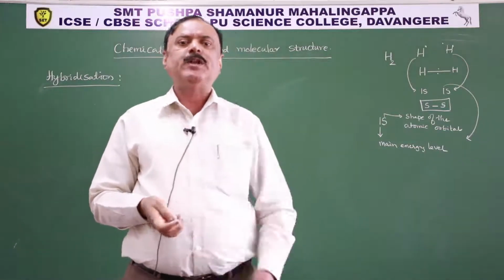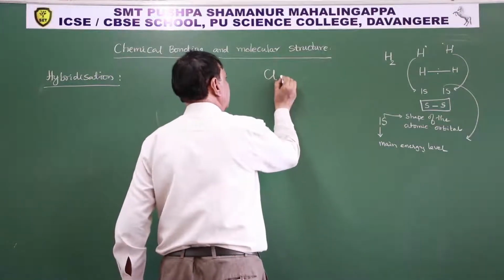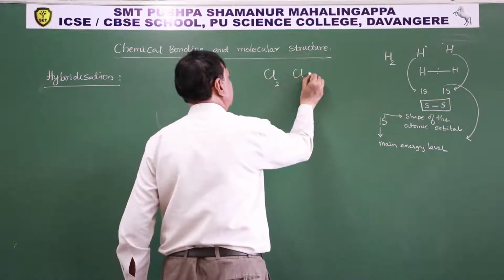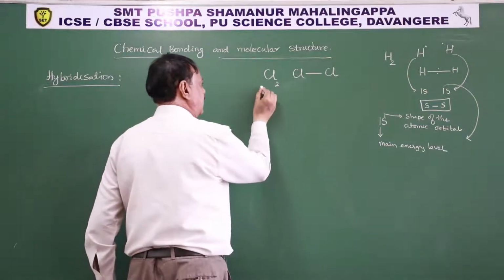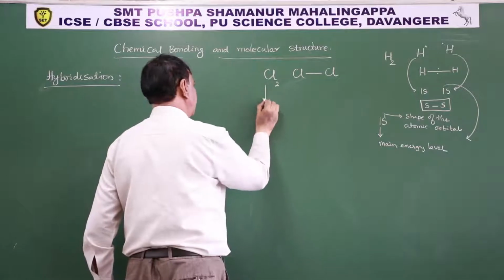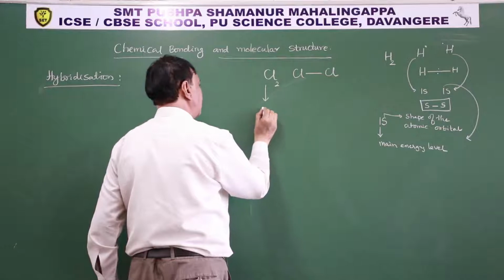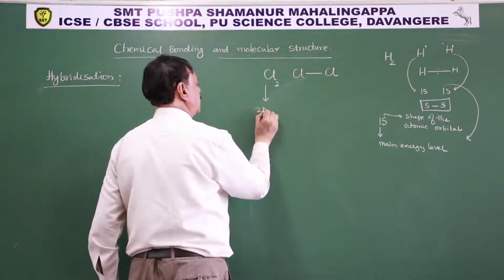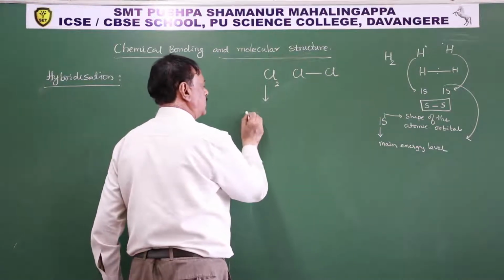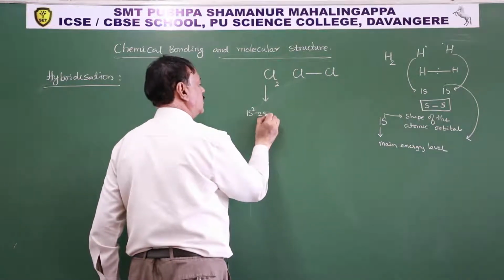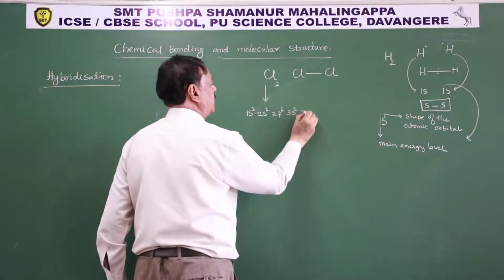In the case of the chlorine molecule formation, Cl2 is formed by means of two chlorine atoms. The electronic configuration of the chlorine atom is 1s2 2s2 2p6 3s2 3p5.